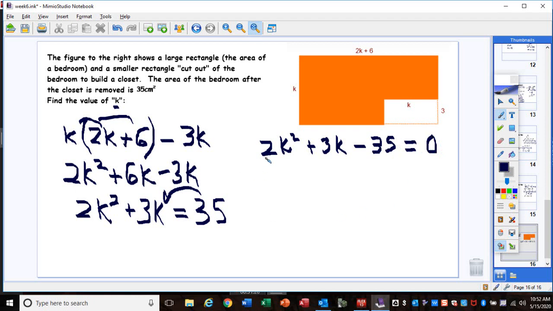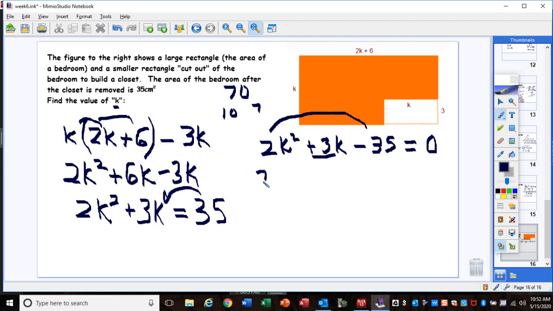Now, nothing can be factored out, no perfect squares. Let's just take 2 times 35, which is 70. We want factors of 70 that when we subtract, we're going to get 3. And that's going to be 10 and 7, right? 10 and 7, I believe. So we need a positive 3k.